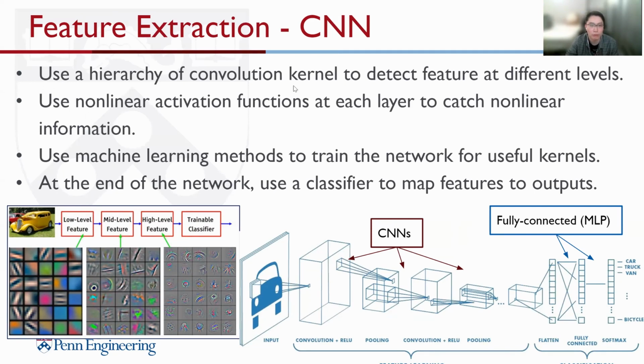So in a convolutional neural network, we use a hierarchy of convolutional kernels to detect features at different levels. Then we also use a nonlinear activation function at each layer to capture nonlinear information. We use machine learning methods to train the neural network for useful kernels. At the end of the neural network, we use a classifier to map these features to outputs.